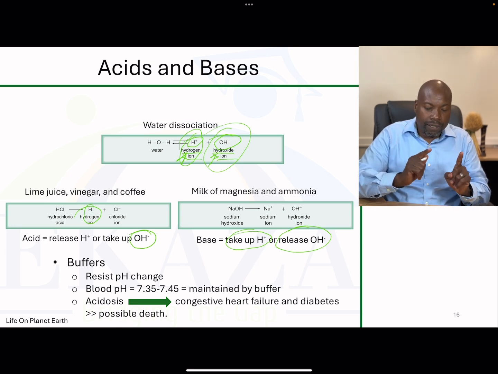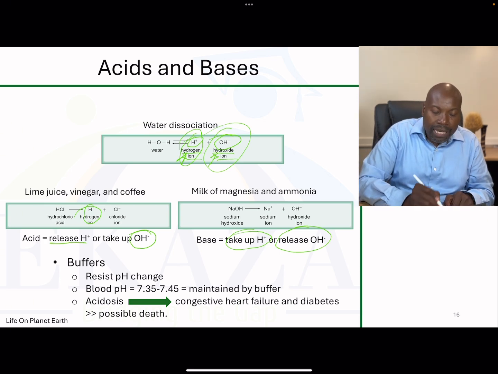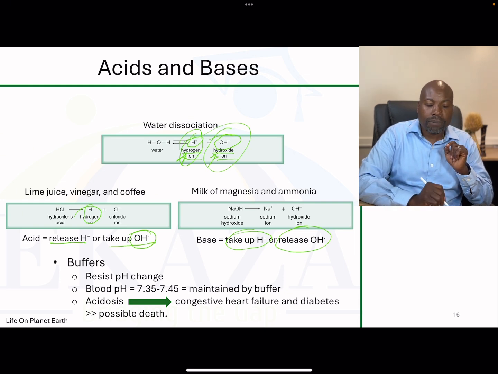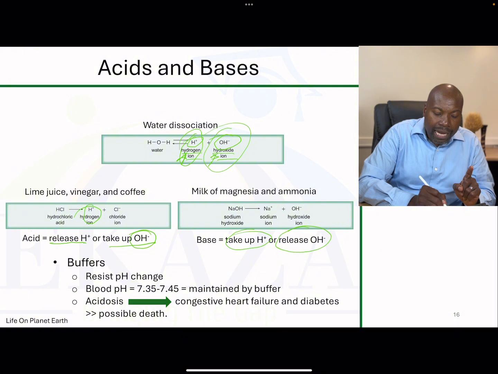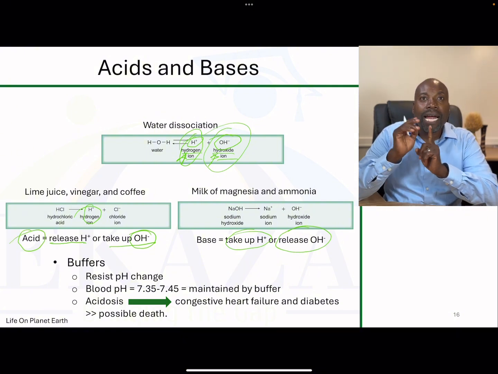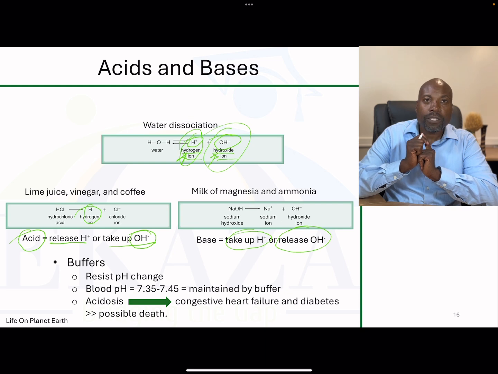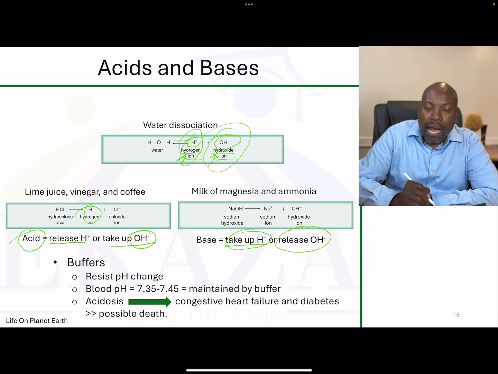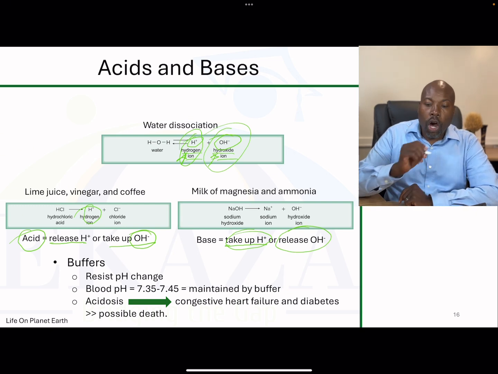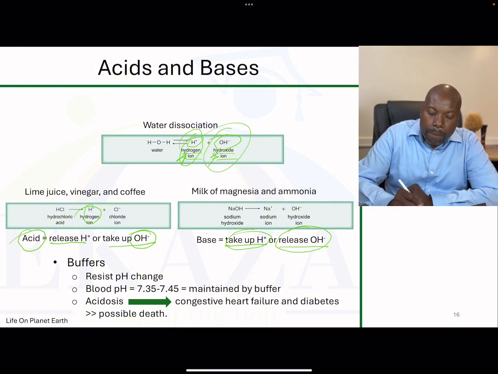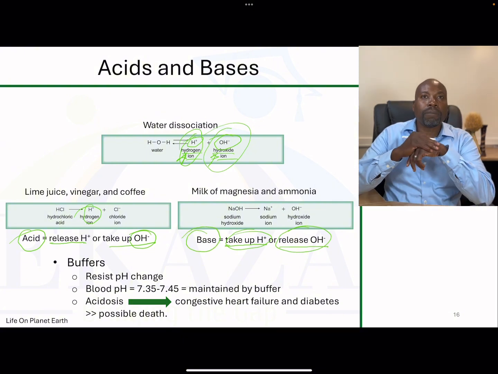Whatever substance is releasing hydrogen ions or taking up hydroxide ions is considered an acid substance. By the same token, a substance that is taking up hydrogen ions or releasing hydroxide ions is considered a basic substance.